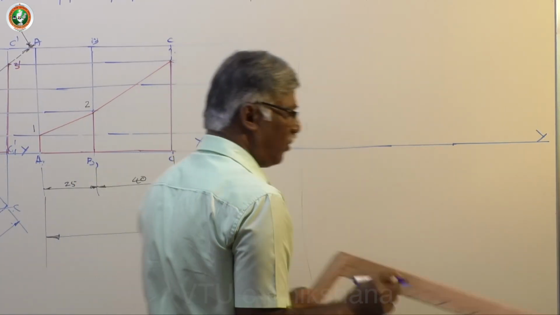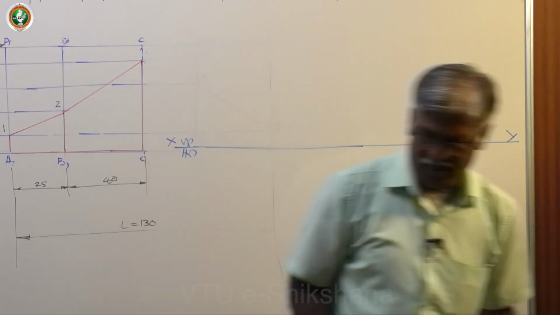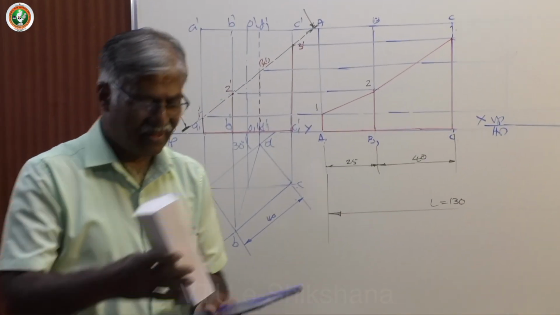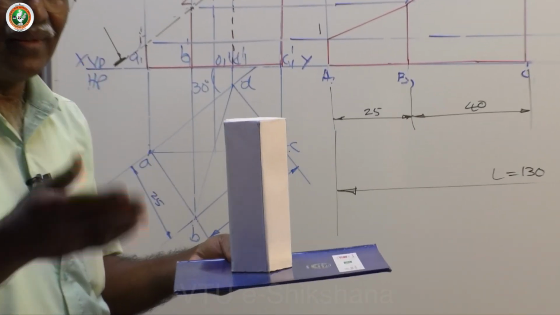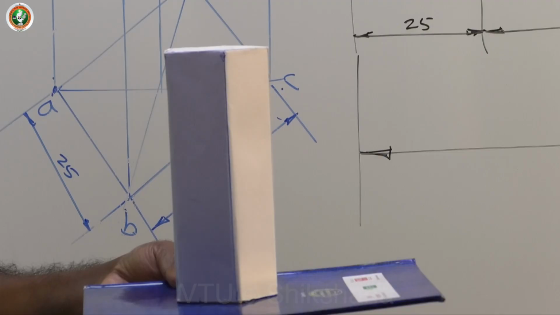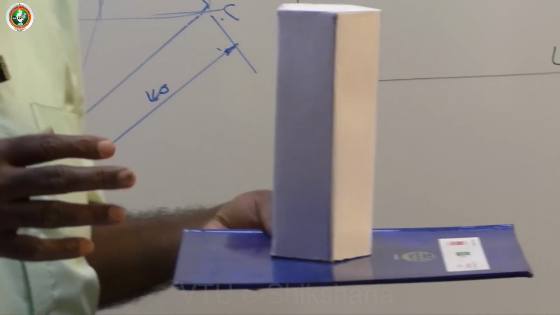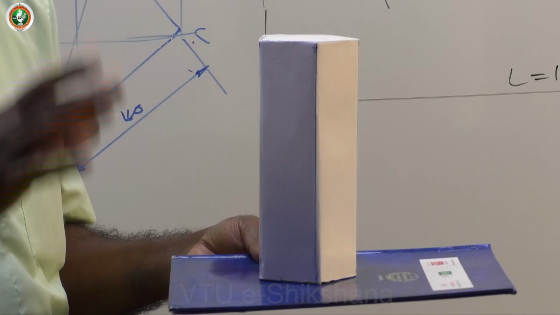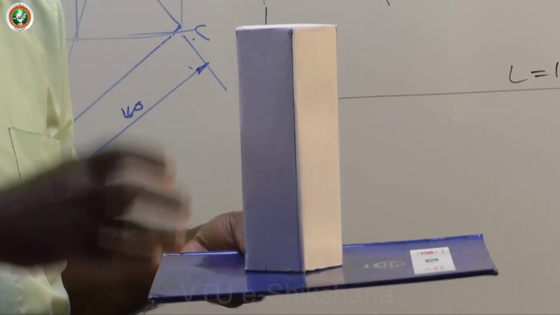So before taking that particular problem, let me take the model and explain. Here, unlike the solids, the axis inclined to HP, axis inclined to VP, etc., and you will give different positions, in the development problems, you will be specific to a particular orientation.